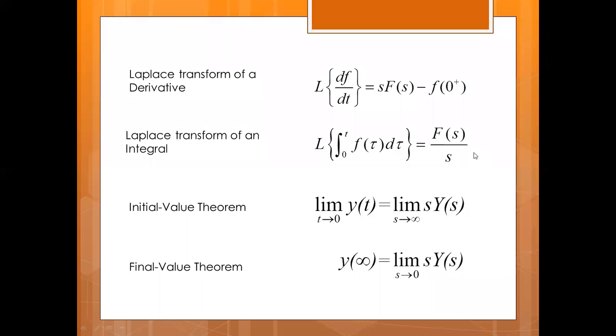Depending on the power, let's say 1 over s squared, or 1 over s cubed, or 1 over s to the fourth, the order of the power of s tells you how many times you will integrate the inverse Laplace of the given function of s, the one that I am circling. So you don't need the method of partial fractions in that sense, and it makes the process less tedious.